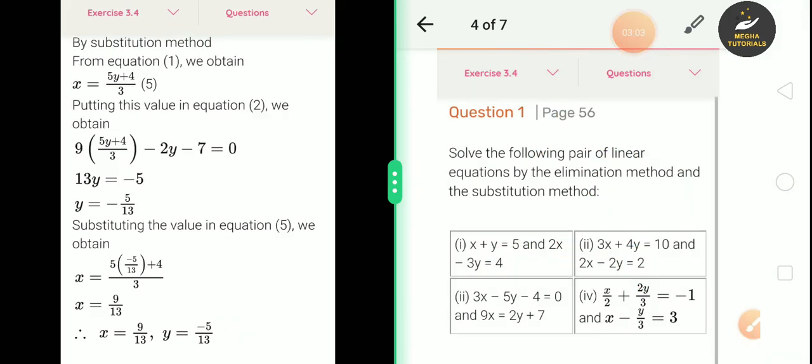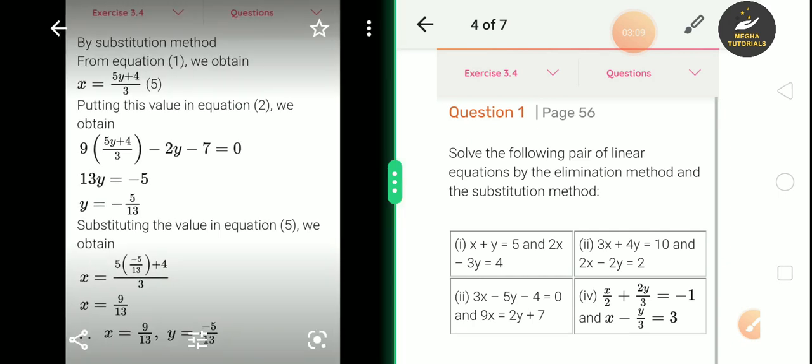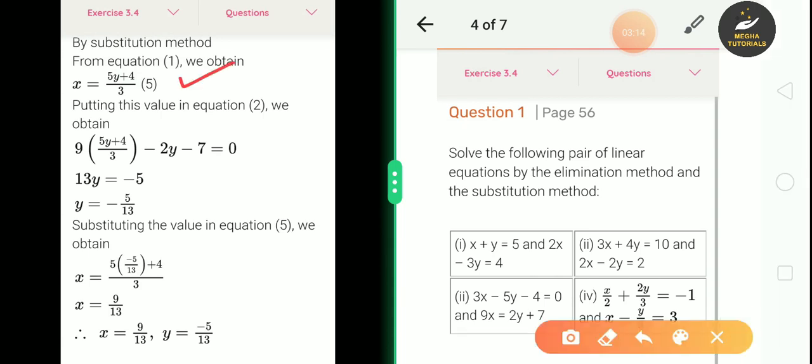Now using the substitution method, from equation 1 we can get the value of x as 5y plus 4 upon 3. Put this value in equation 2. So 9 into 5y plus 4 upon 3 minus 2y minus 7 is equal to 0. 3 1s are 3, 3 3s are 9.